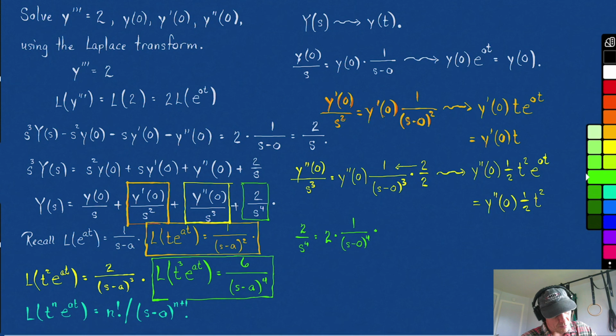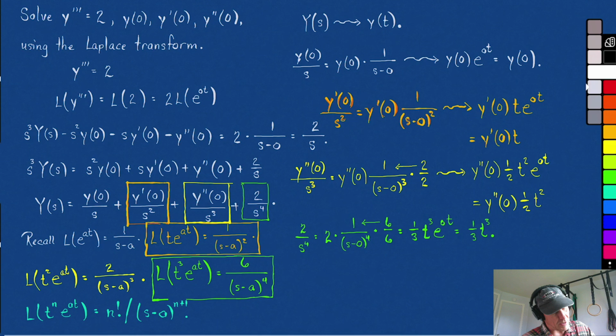Well, let's just multiply it by 6 over 6. So now this 6 in the numerator goes into the numerator for our inverse Laplace transform, and the 6 in the denominator is going to become the denominator of 2 over 6, which is 1/3, times, now look at this, looking in the parentheses, this is t cubed e to the 0t, or more simply 1/3 t cubed.